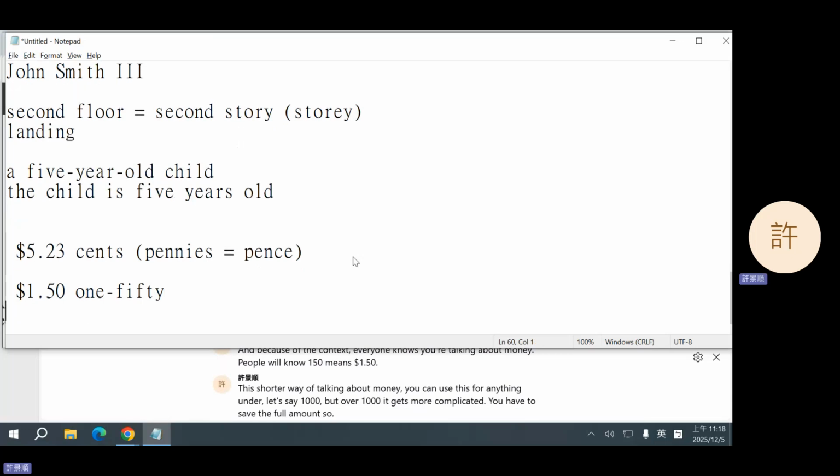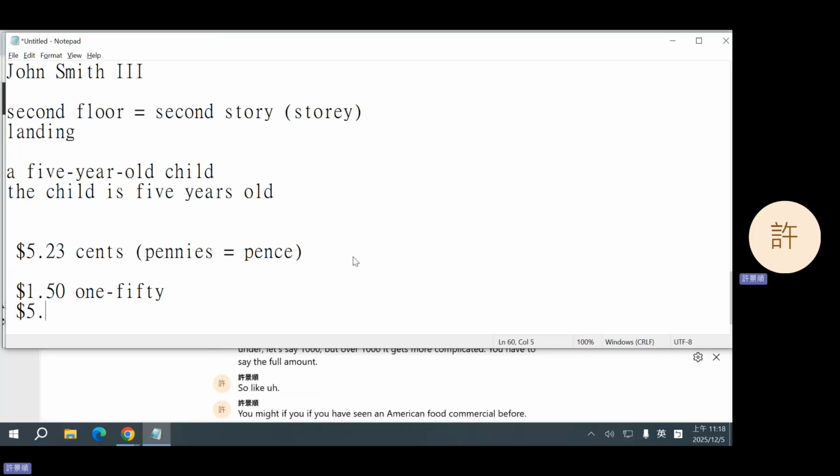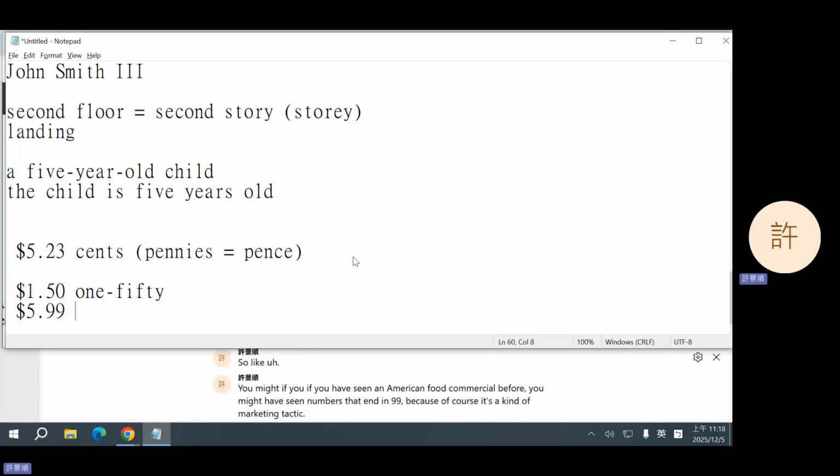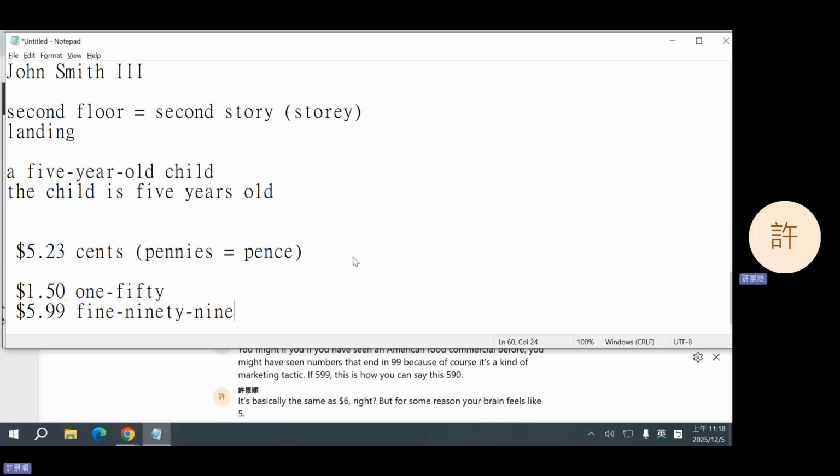So, like, if you have seen an American food commercial before, you might have seen numbers that end in 99, because of course it's a kind of marketing tactic. If 5.99, this is how you can say this: 5.99. It's basically the same as $6, right? But for some reason, your brain feels like 5.99 is not really 6.